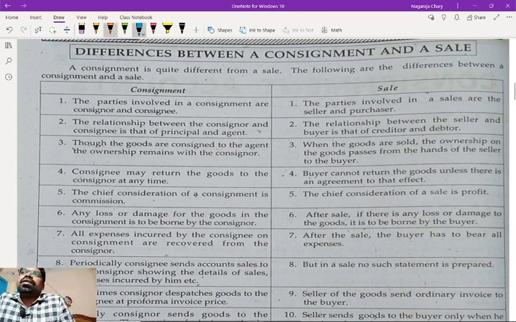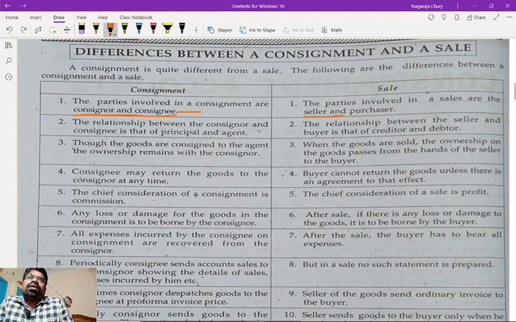First let us see consignment. Already we discussed the parties involved in consignment are consignor and consignee. These are the two parties involved in the consignment process. Whenever we see sales, here also there are two parties: seller and purchaser, maybe seller and buyer.